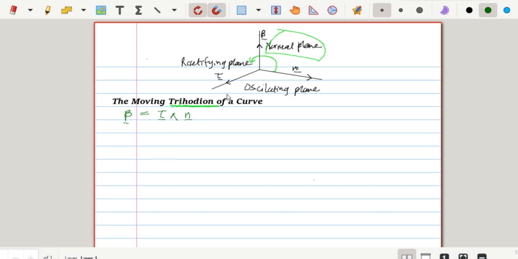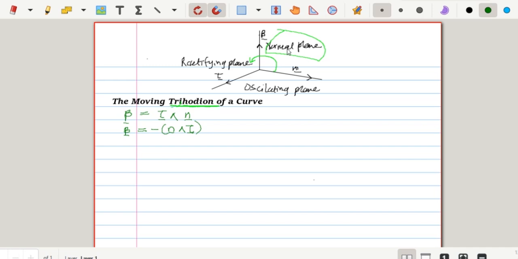Because it is in the anti-clockwise direction, we multiply these two vectors. The opposite of this is going to be beta bar, minus n cross tau.